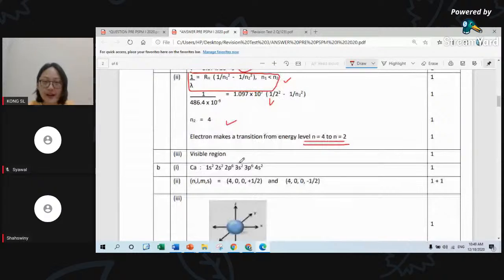Ultraviolet, visible, and one more. Infrared. Oh, yes. Infrared. So you must know: Lyman is ultraviolet, Balmer is visible, the rest infrared.